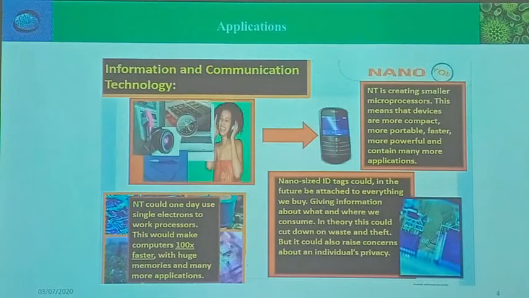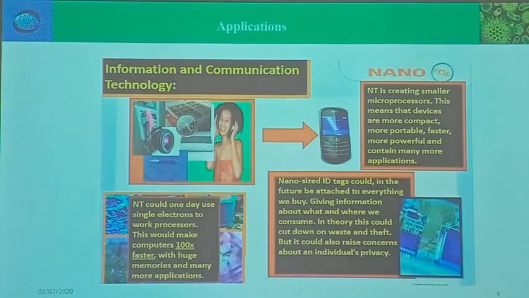In earlier days, the computer occupied a large area to operate, but now you can hold a mini computer in your hand.